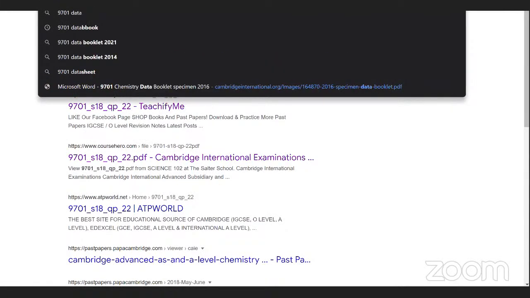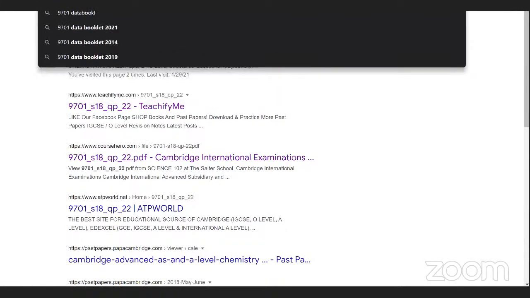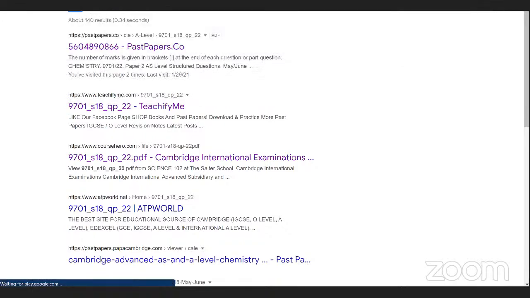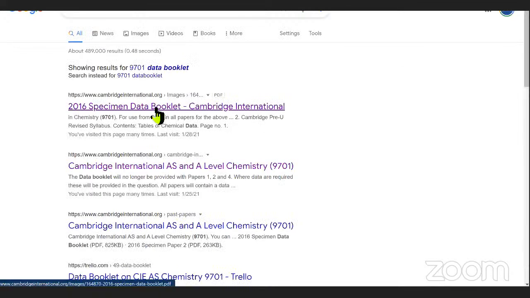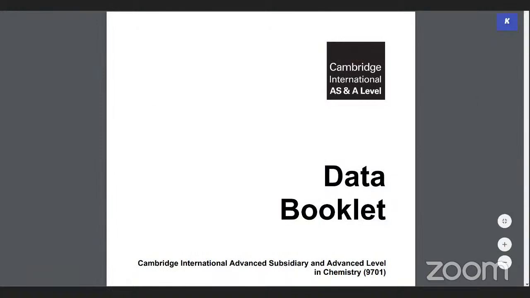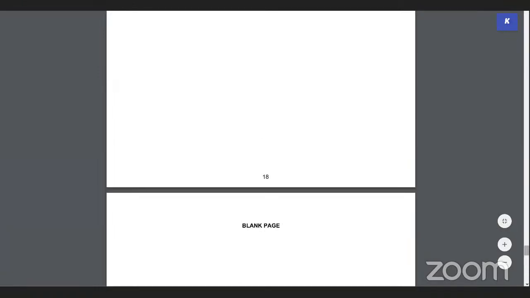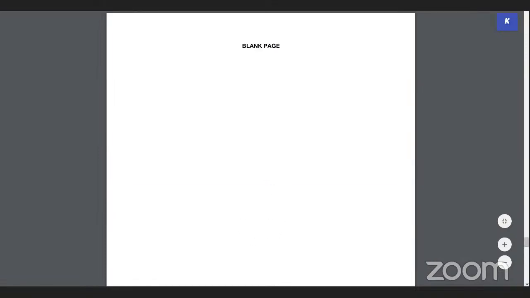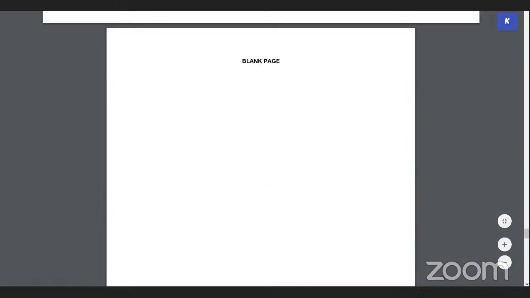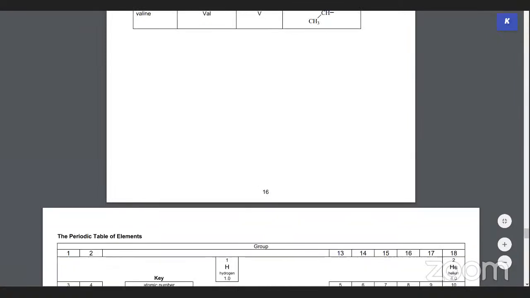So 1 second, let me. The reason I'm opening the data booklet is, I know what Fe is, but when you're solving a moles question, make sure you use the exact value even in your calculations. The periodic table, this one.